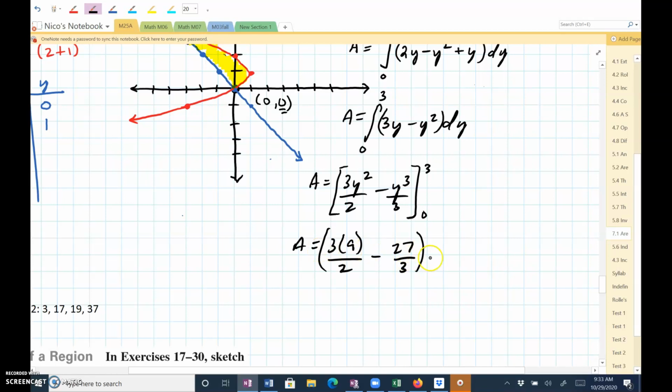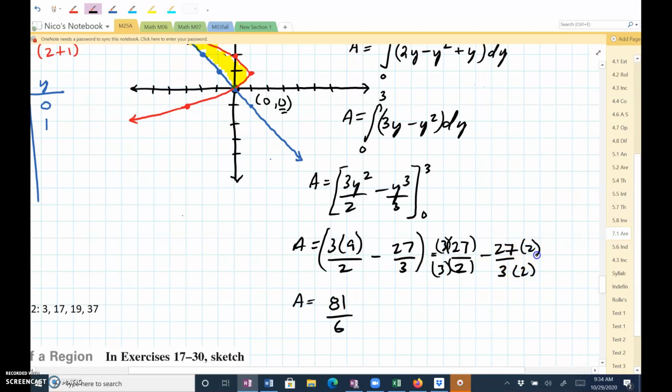So this is going to be 27 over 2 minus 27 over 3. So now I've got to come up with a common denominator. Multiply this by 3. So this would be 81 over 6.